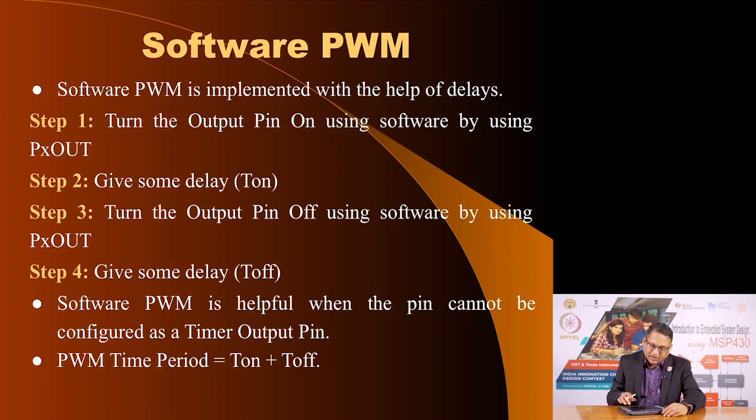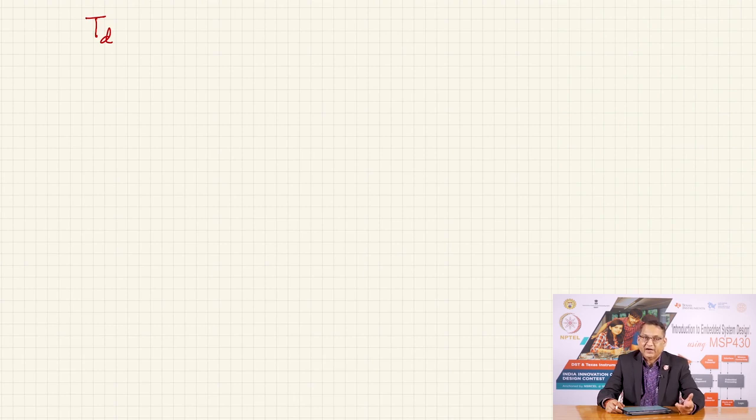Let us say I have a total delay of Td. Let us say this is the delay function I can write, this is the amount of delay that I can generate in a guaranteed way.